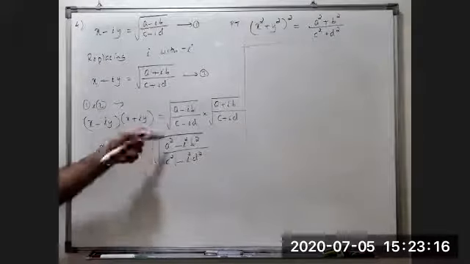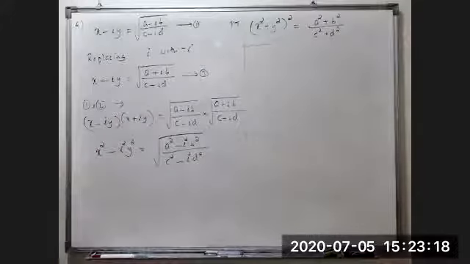We multiply on both sides, using the identity x plus y into x minus y. What is i square? What is i square?